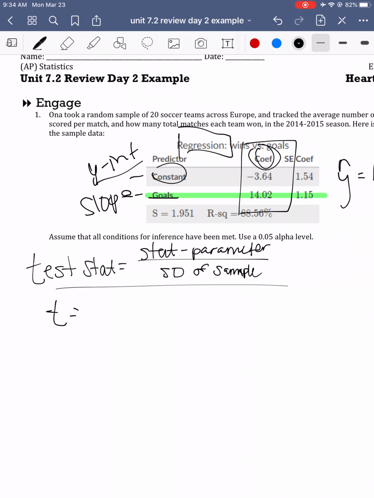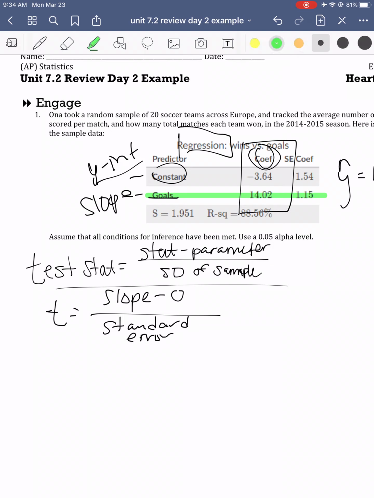The slope regression test will be a type of t-test. So t is going to be equal to our slope minus 0 over the standard error. The standard error is also a way to describe the standard deviation of the sample.